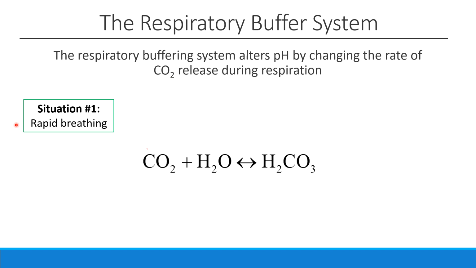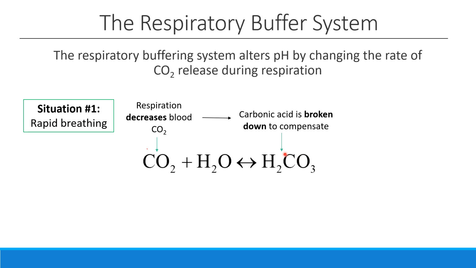When a person breathes, their exhalation process releases carbon dioxide. So let's consider first a situation where someone's breathing very quickly. When you're breathing quickly, this decreases the amount of carbon dioxide that is present in your bloodstream. As that carbon dioxide level decreases, this leads the body to need to break down some of the carbonic acid that it has stored because we need to not have this carbon dioxide deficit.